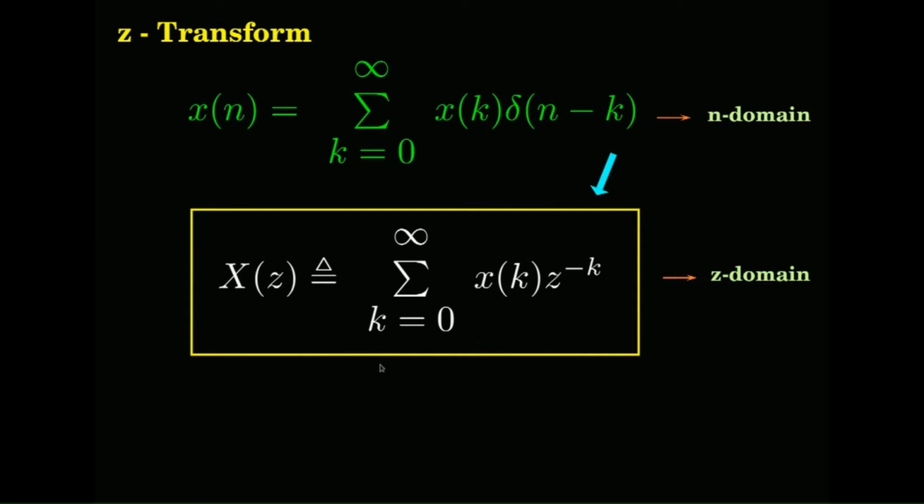By inspection, the coefficients of the impulse function in the time domain and the coefficients of this polynomial in z will remain the same. So, they are 1 to 1, except that the notation uses the z.